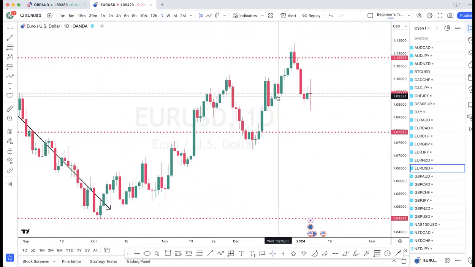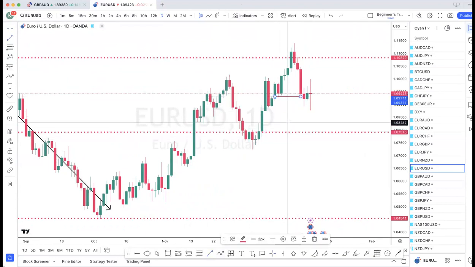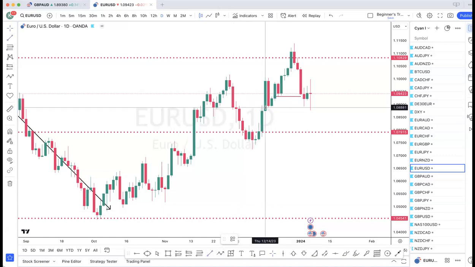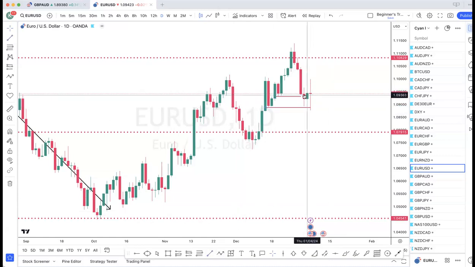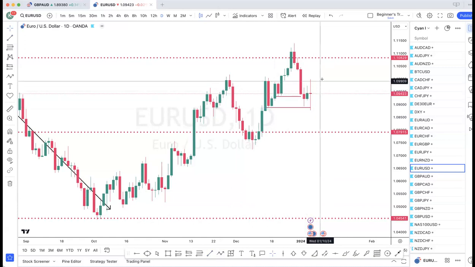Price has violated that order block. I would like to see it come violate that low. If you're using the wick, it has already violated that low. So now you should be expecting a pullback.